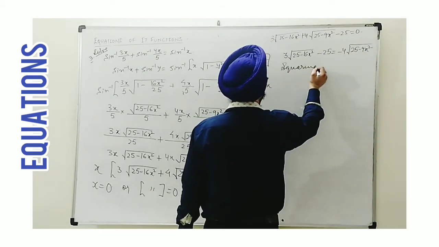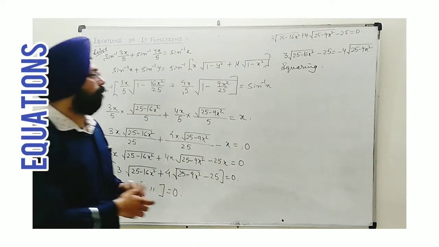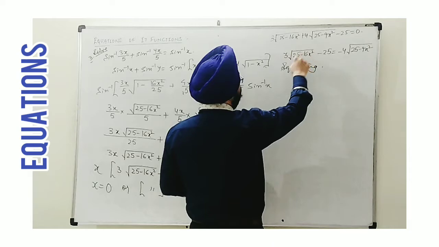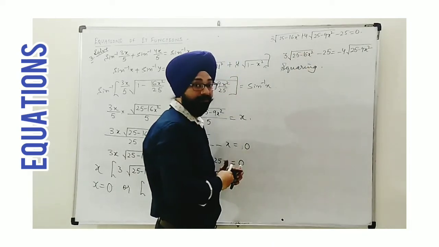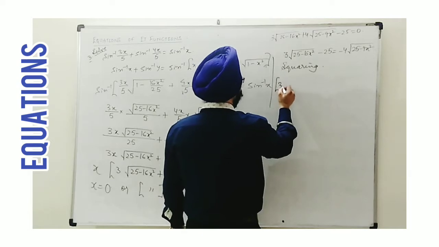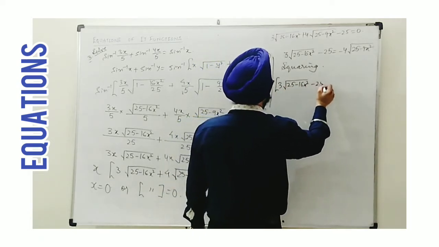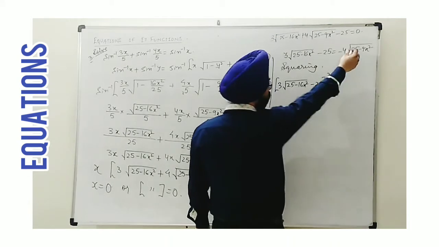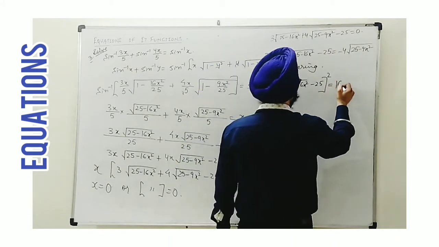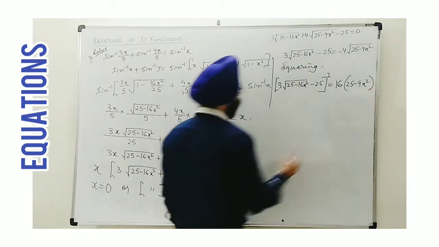Squaring: on the left hand side we are having two terms, so here we will apply the a minus b whole square identity. Squaring, we will get 3 root 25 minus 16x square minus 25 whole square equal to, as we are squaring, 16 times 25 minus 9x square.